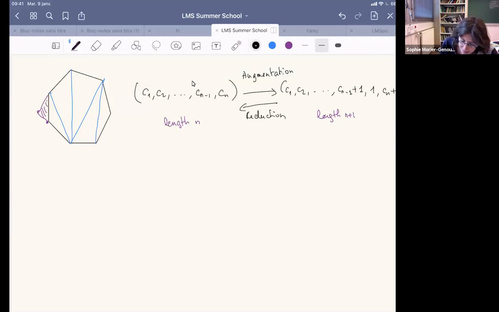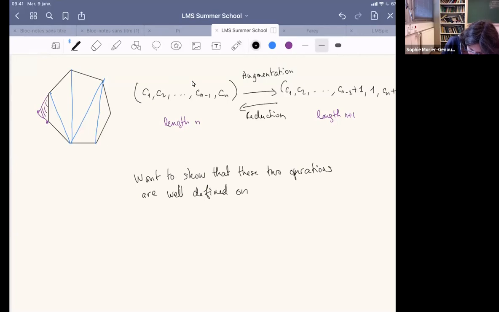All right. Now for the proof of the theorem, I need to understand that this also makes sense on the set of friezes. So we want to show that these two operations are well defined on the set of friezes. Okay, so what does that mean?